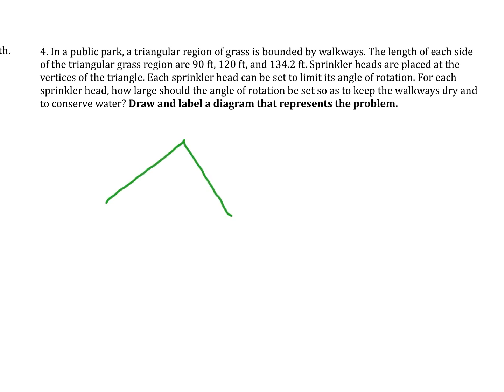So I'm just going to draw a triangular grass region, and there is 90 feet, 120 feet, and then 134.2 feet. So I will call this angle A, letter B, and letter C. So I have side b across, side c across, side a across from the respective angle.